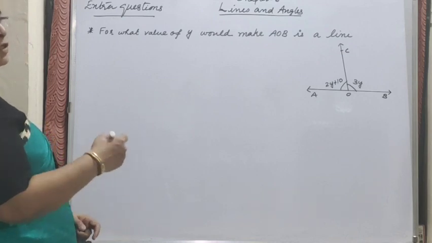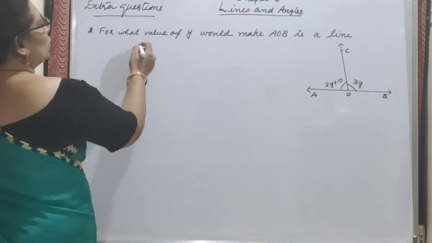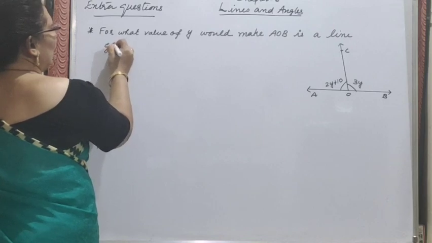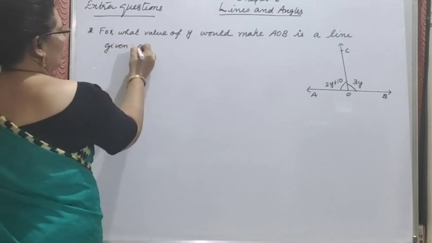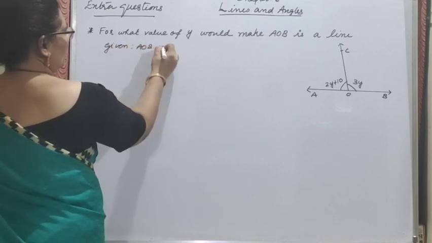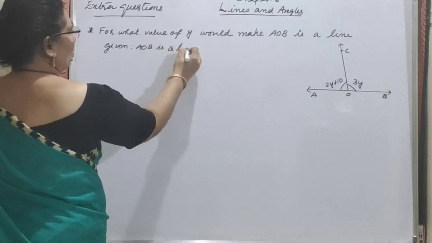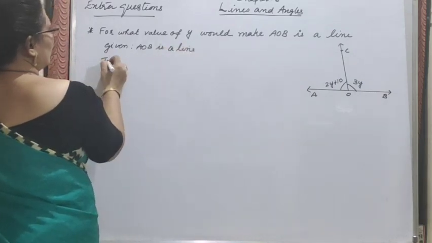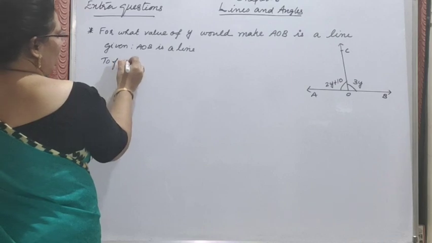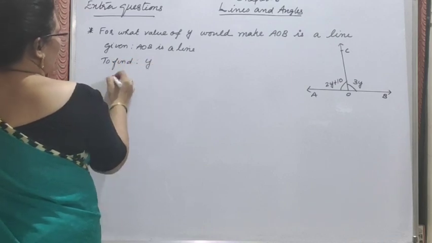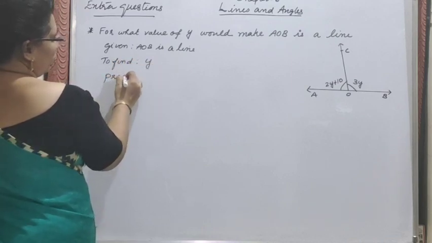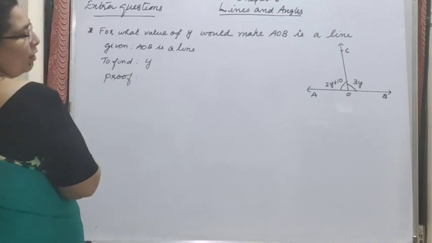So as usual we should write the given and to prove. Given: AOB is a line. To find: y. Proof. Okay, what is the proof?